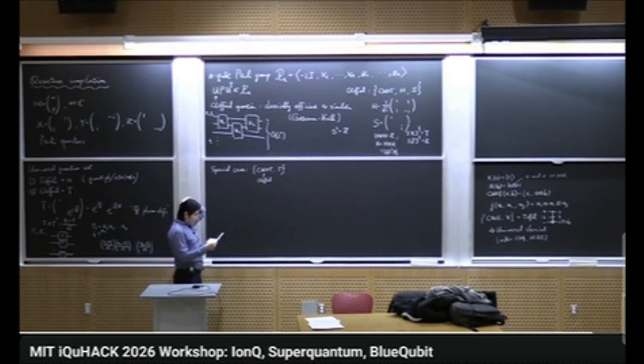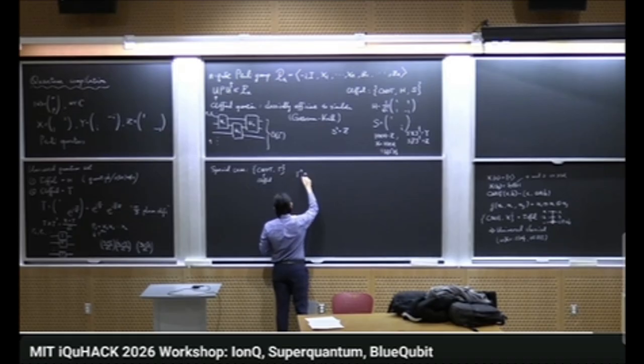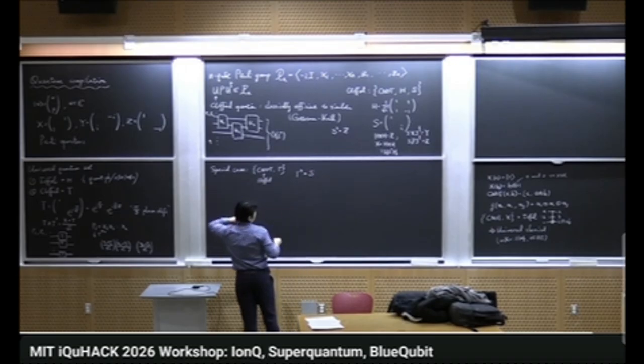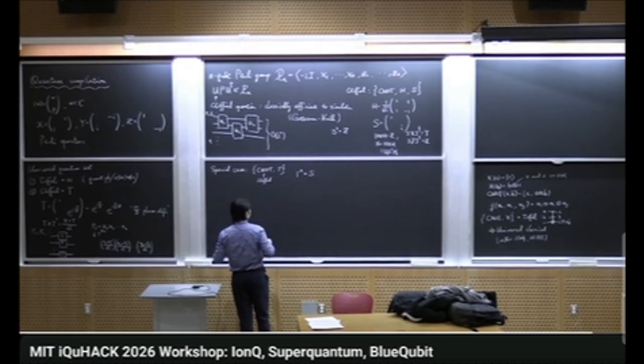For now, let's start with the special case where the circuit is only built from CNOT and T. One thing that falls out of this, and I think will be interesting to know, is that if you take the square of the T, you recover the S, because it's pi over 4.